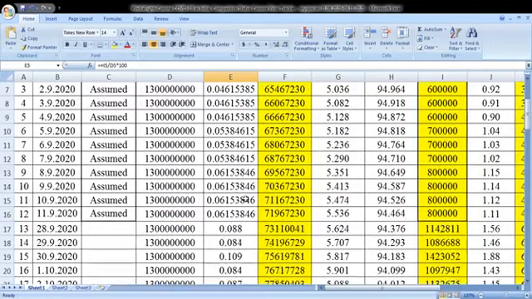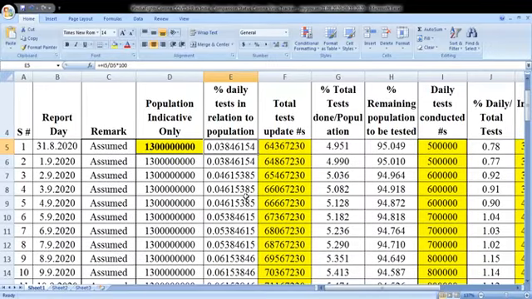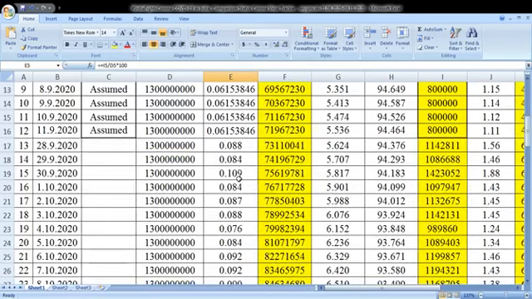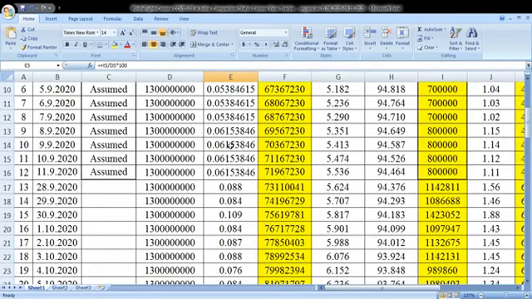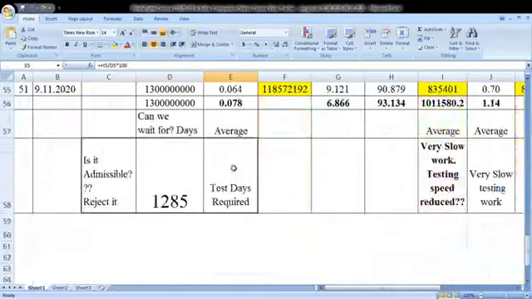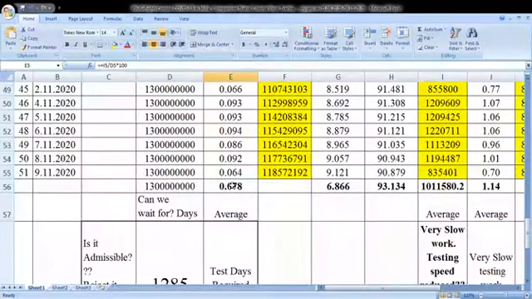So it is very small. Every day it is 0.038%, like that, 0.08, a very, very small percentage. For example, yesterday it was 0.078%, and before that 0.064%, and the day before yesterday it was 0.092.